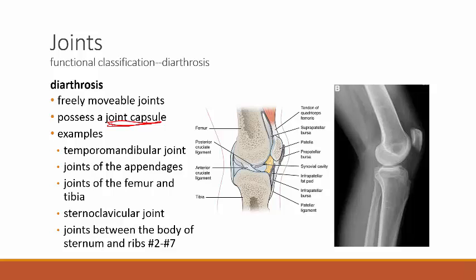The joints between the sternum and the clavicle, the sternoclavicular joint, and then the joints between the sternum and the ribs, all the way down, number 2 through 7, are all diarthrotic joints. Okay, so there we have it. Quite a few diarthroses in the body. So you're introduced a little bit to the function of joints, and then this functional classification system of synarthrosis, amphiarthrosis, and diarthrosis.